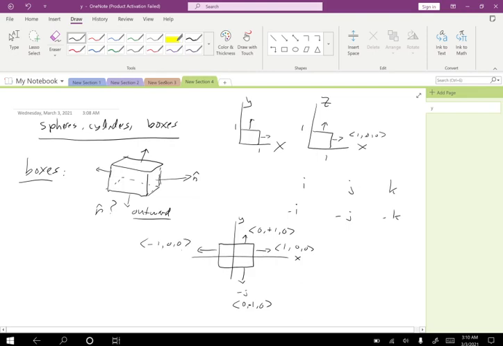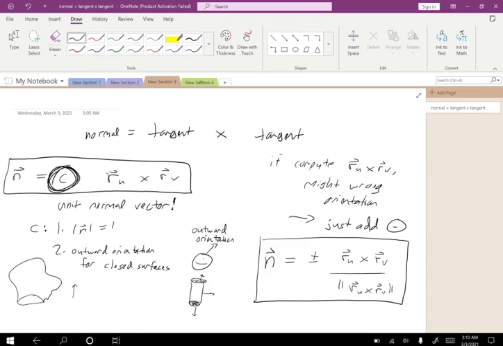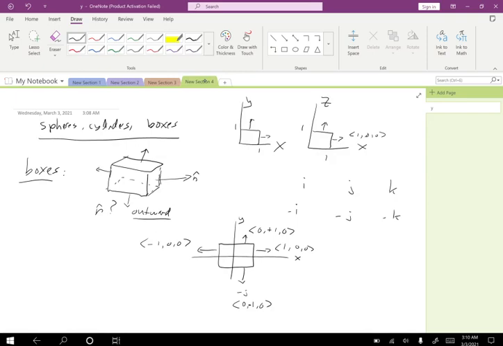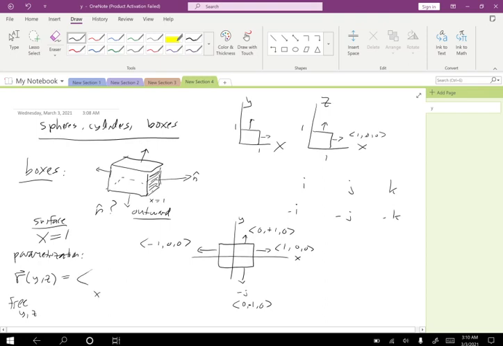Okay, and how does this follow from RU cross RV? Well, for this obvious example, I wouldn't even do that. But if you really want to see it, then let's do this face here. This face is x equals 1. That's the surface. So now our parameterization is R of the free variables, which are y and z. Well, it's just x, y, and z with those coordinates. You should do nothing.